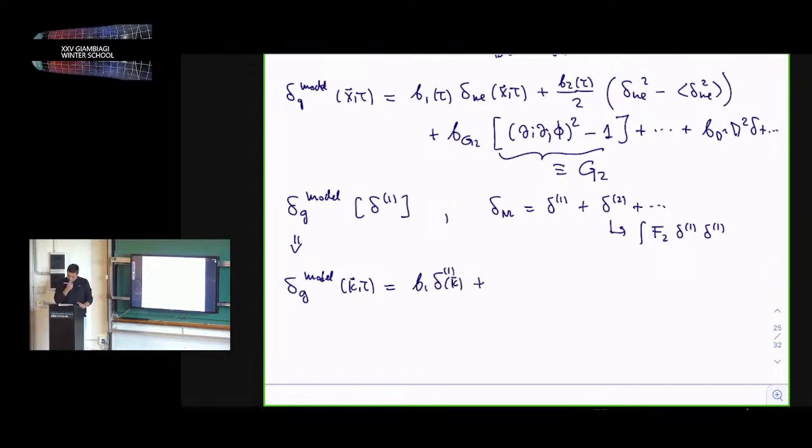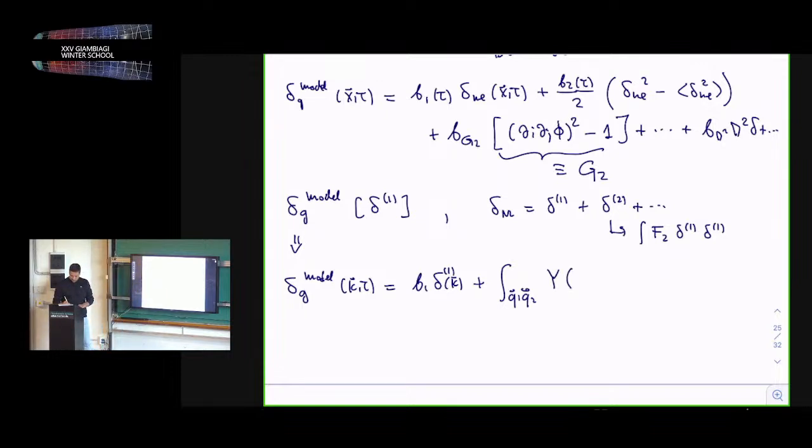And then we are going to have some complicated kernel, which I'm going to call, let's say, X kernel or Y kernel. So there will be integrals over q1 and q2 as before. You may have some complicated perturbation theory kernel, which is not the same as F2 before.